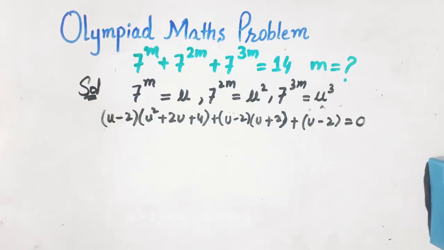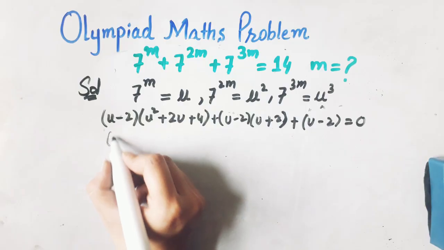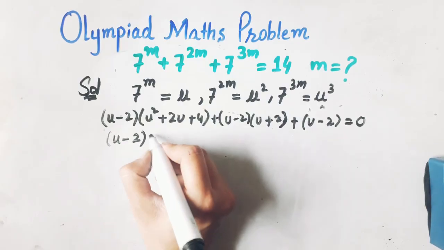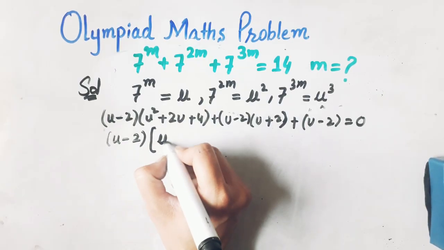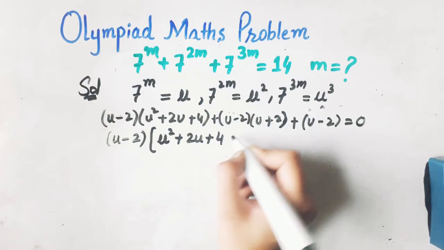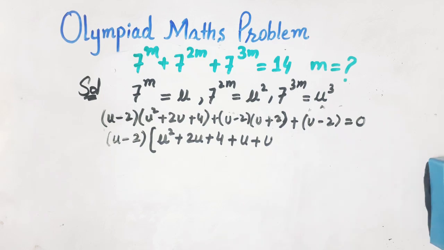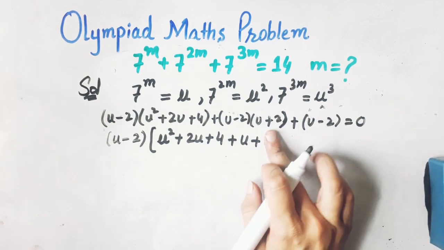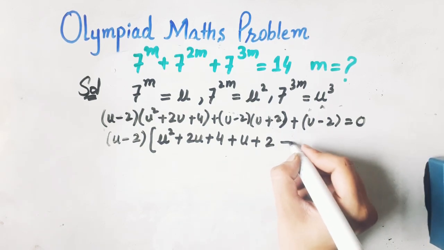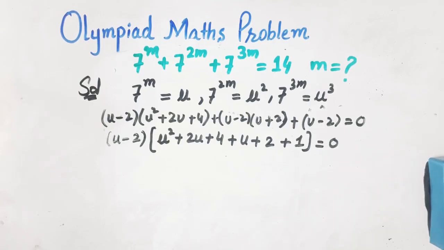Equals 0. Now take u minus 2 as common from this. So remaining is u square plus 2u plus 4 plus u plus 2 and plus 1 equal 0.